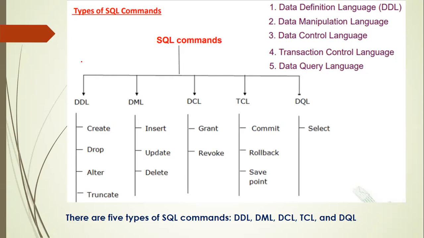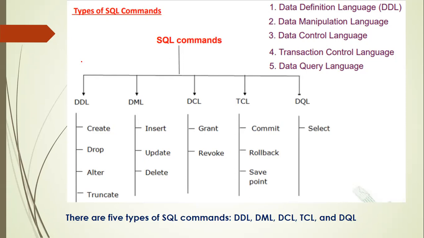With the help of these 5 different subset languages, there are commands in each and every language. If you take DDL, it has the create command, drop command, alter command, truncate command. Second one, DML, data manipulation language, has insert, update, delete.